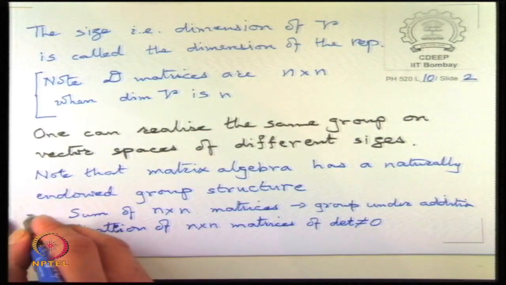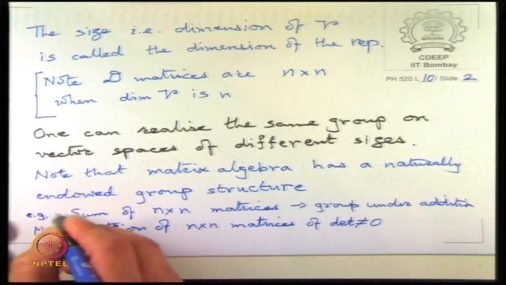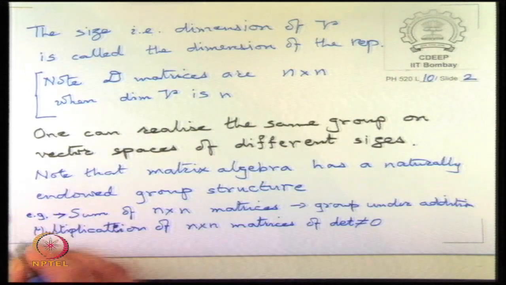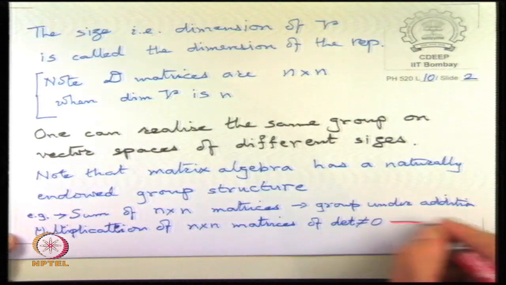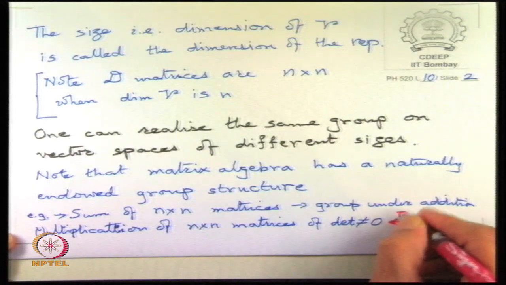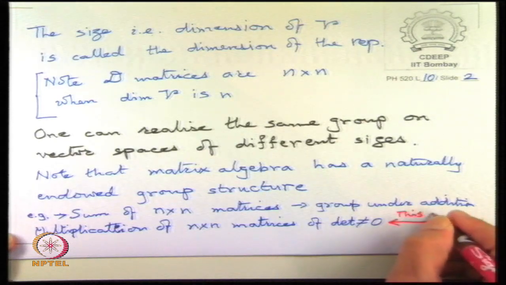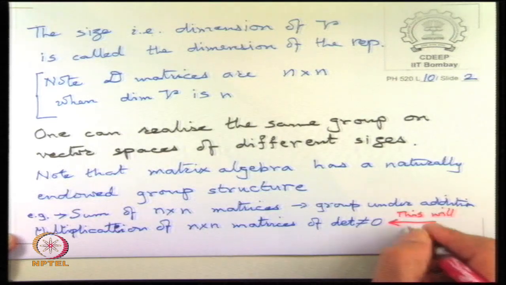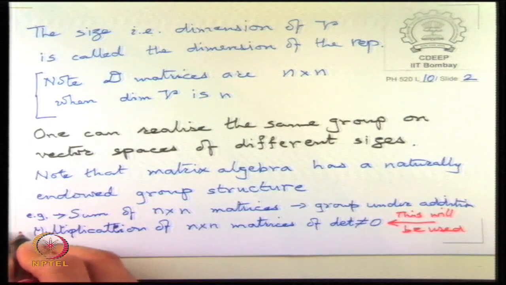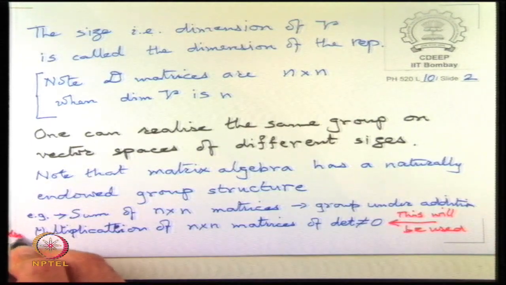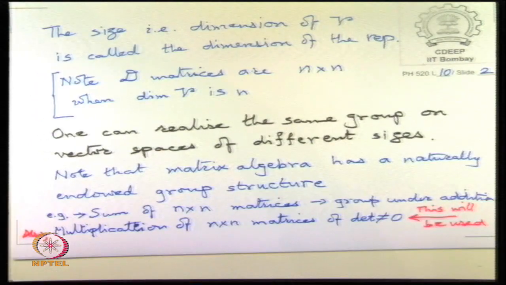For example, one is this, but the one we will be using is the second one. Also we have multiplication, and that is what we will be using.